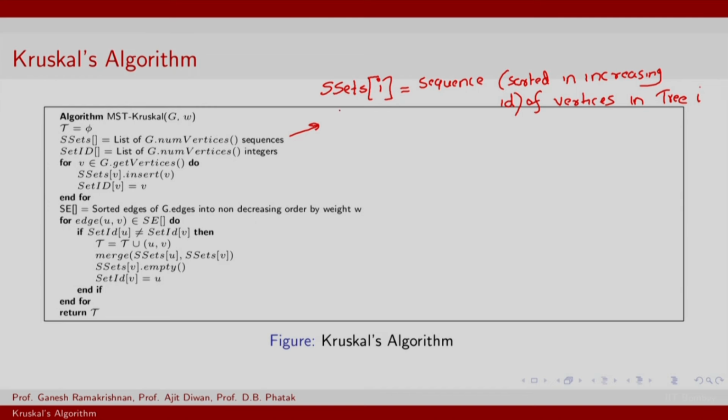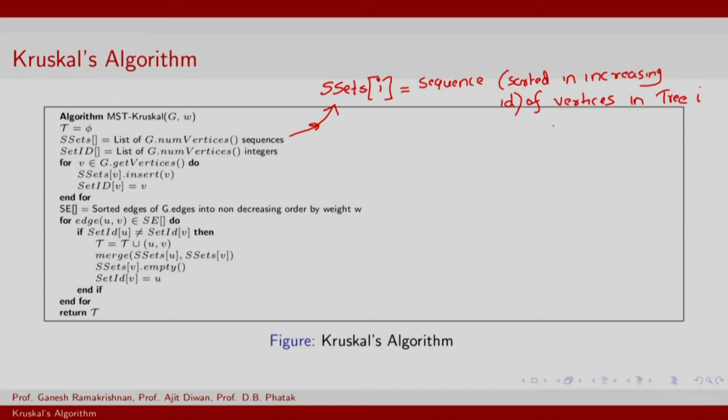So, as pointed out, we hope that eventually either there is only one of these sets or sequences that is non-empty, or we are not able to find an edge connecting two different sequences, that is two different trees represented as sequences of vertices.